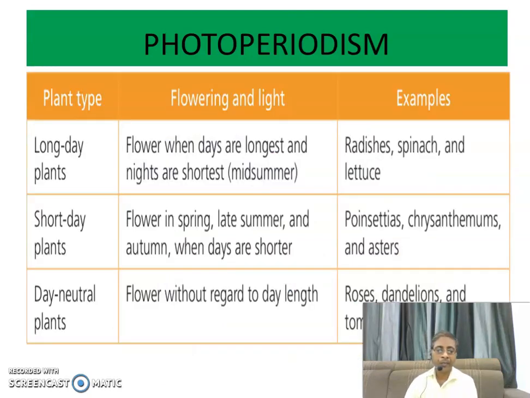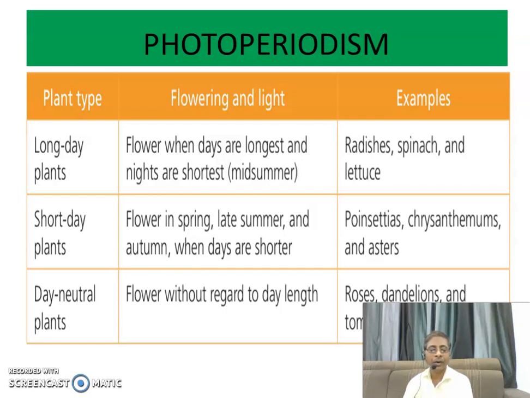Now, with suitable examples of long day plants, short day plants, and day neutral plants. In long day plants, they flower when days are longest and nights are shortest. Radish, spinach, and lettuce are examples of long day plants. Short day plants flower in spring, late summer, and autumn when days are short.